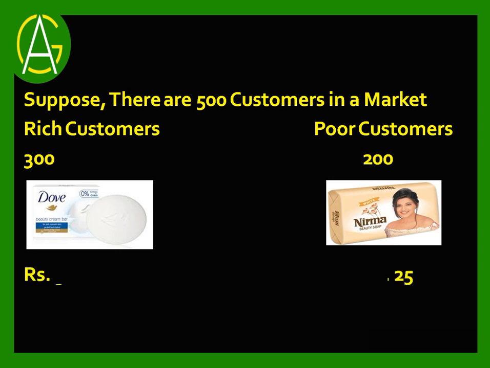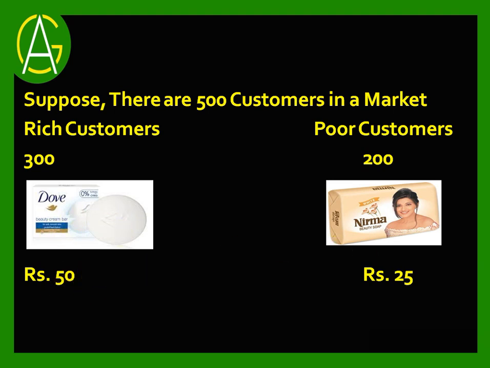Dove soap is available at 50 rupees, whereas Nirma is available at 25 rupees. These poor customers are not able to purchase Dove because it is more expensive. So we can say that in the market of Dove there are 300 customers only. In the market of Nirma there are 200 customers.